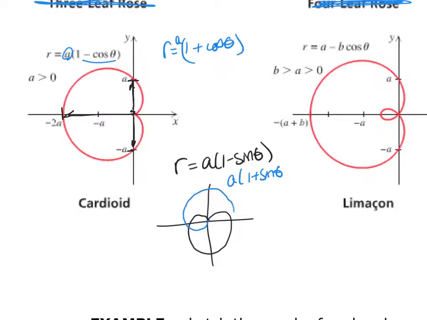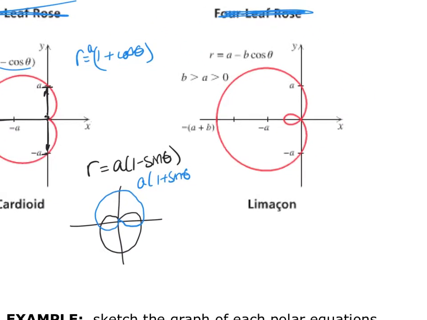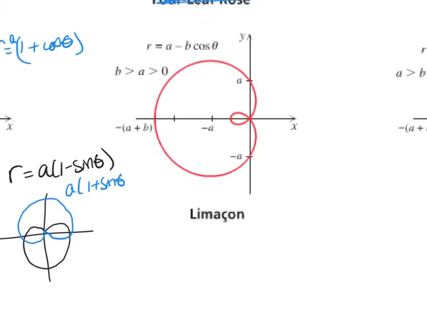And again, if this would have been a 1 plus sine theta, then I'll be orientated in this direction, like that. Now, a limaçon is basically just looking a lot like a cardioid, but it has a little loop in there. The difference between a cardioid and a limaçon is that this constant and this coefficient are not the same values.